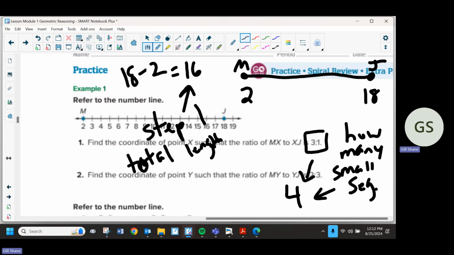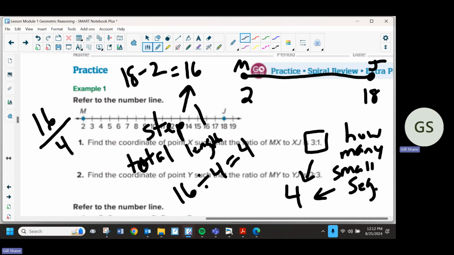And now I need to figure out how long each one of those small segments will be. They all have to be the same. So that's where I take the 16 total divided by 4. Normally I would write 16 divided by 4 like that, but just for the purpose of this one, I'm doing it this way. So each segment will have a length of 4.